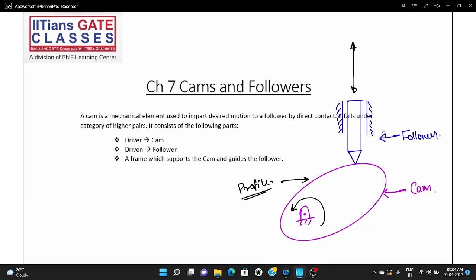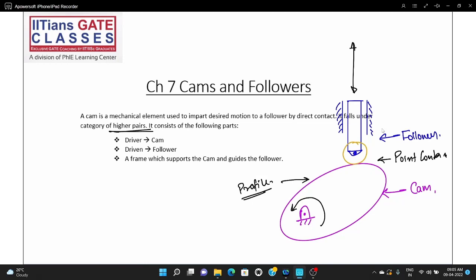Now you can see here it is a point contact. So this is also in the category of higher pair. Now in place of the pointed contact, we can also use rollers, because knife edge followers will cause a lot of wear and tear.